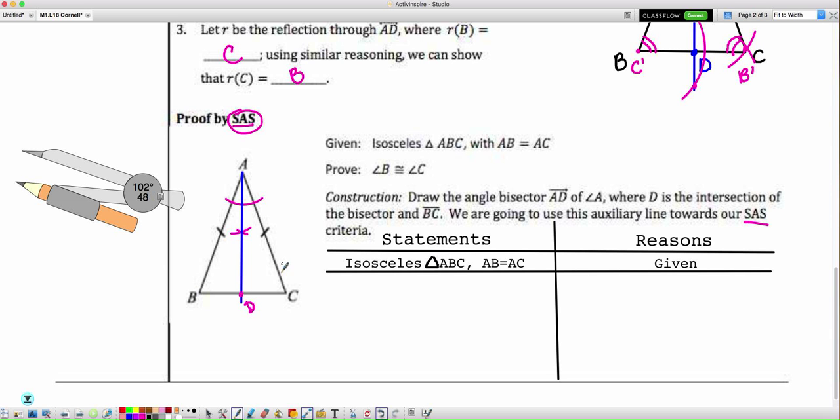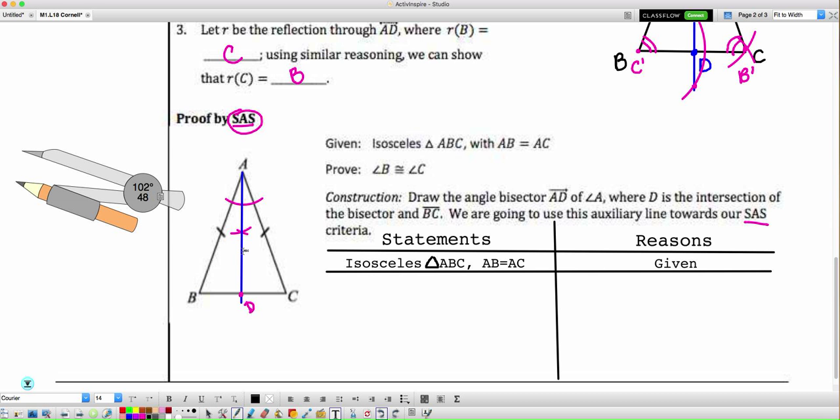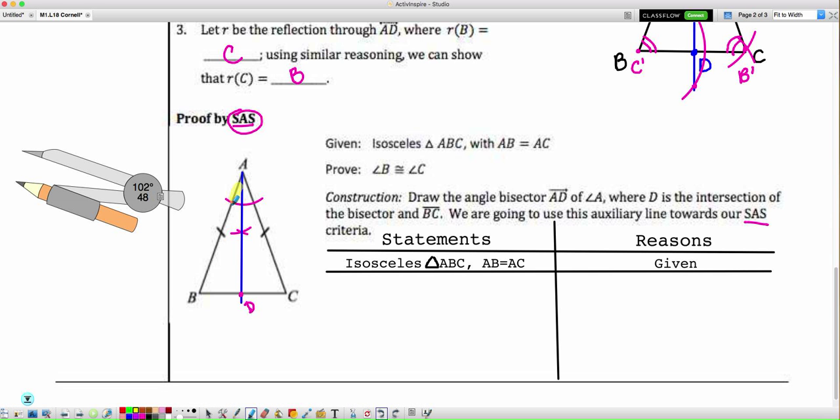So looking at these two triangles, I can already see that they have a side shared. So this side, the given part, that's already a side that they have in common. So the next thing I could say is, looking at it, they have this overlapping side. So for example, this yellow triangle on the left, if I'm comparing it to, say, the green triangle on the right, they both overlap there at AD.